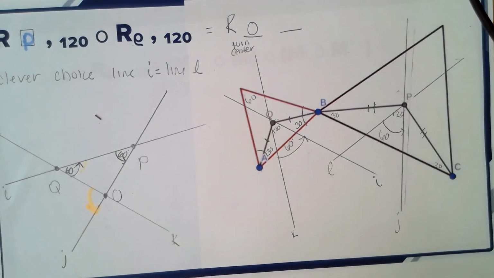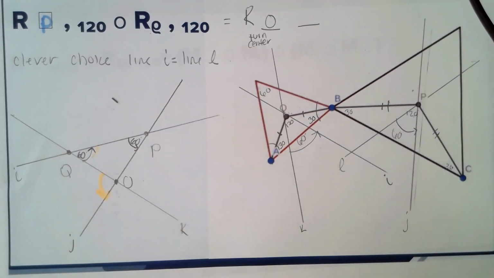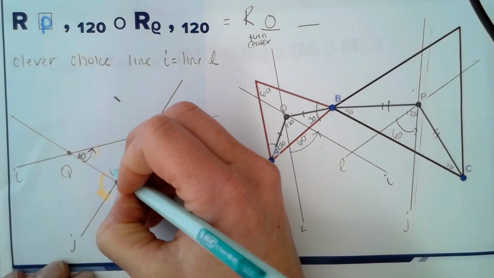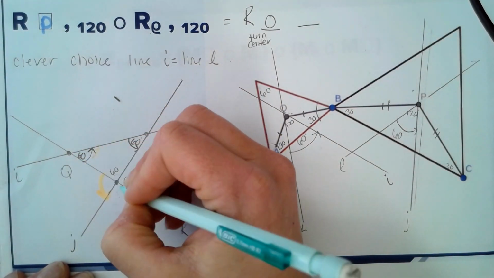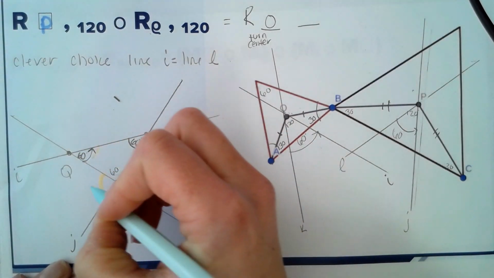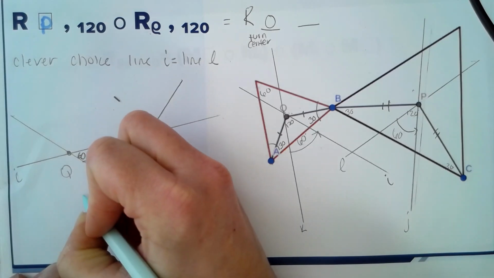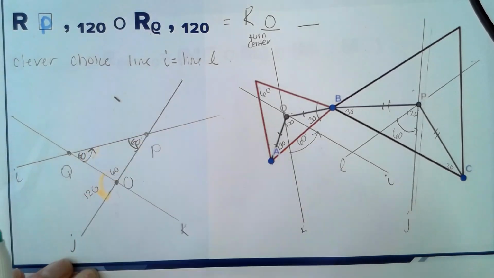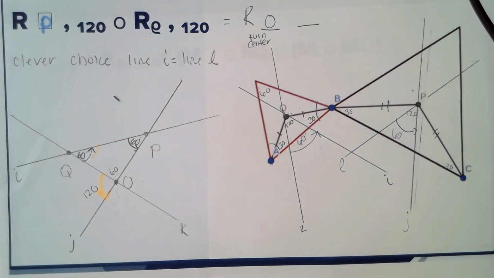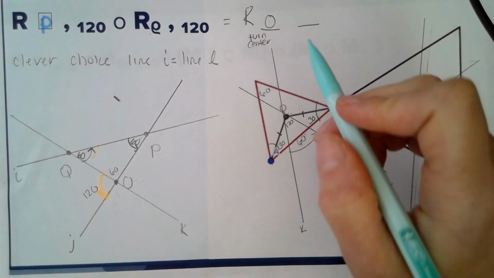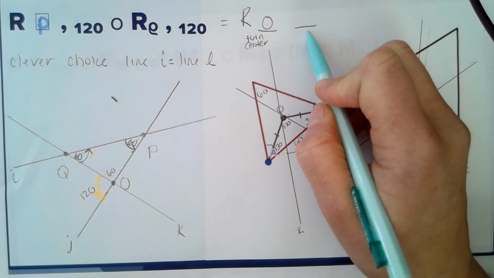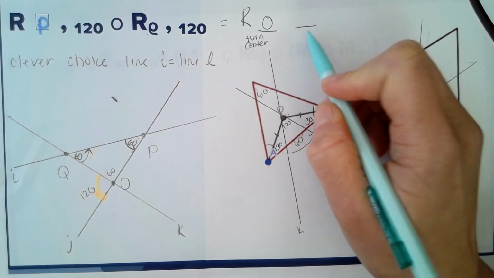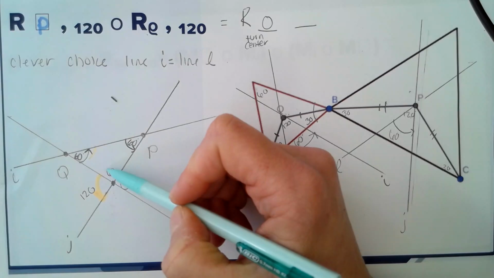To figure out that angle, we know that this is also going to be 60 from this triangle inside here, which means that this angle is going to be 120. So our turn angle is going to be twice our angle between K and J.